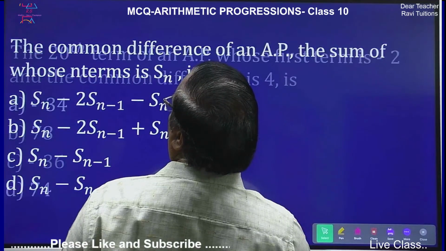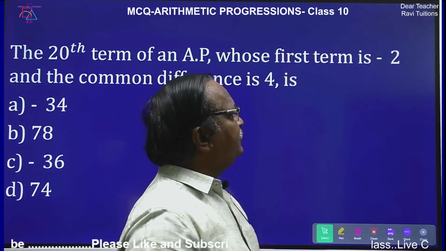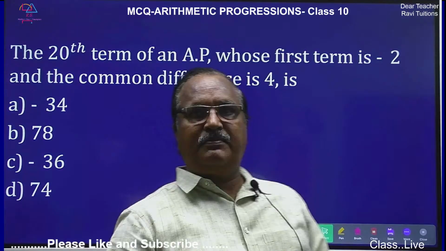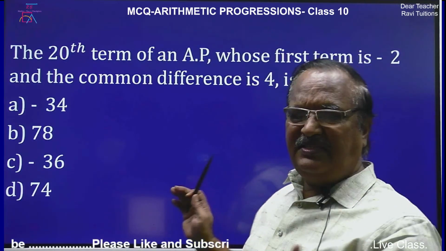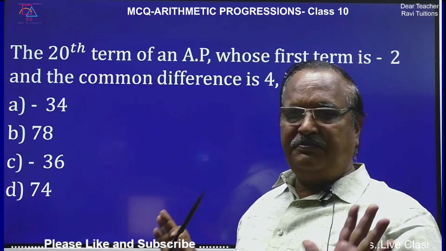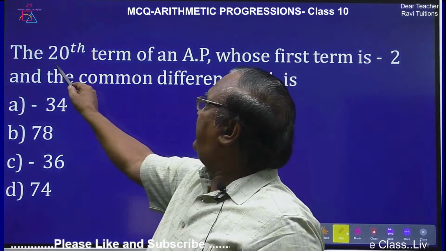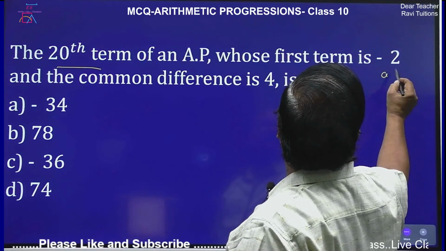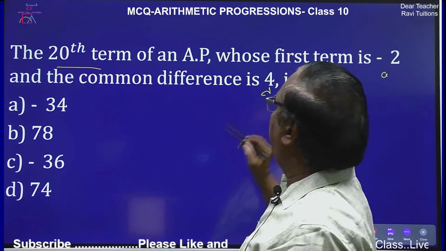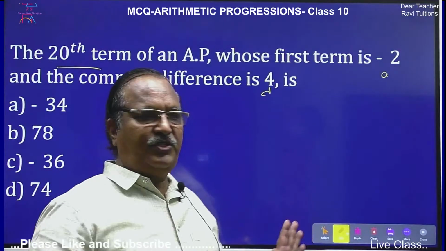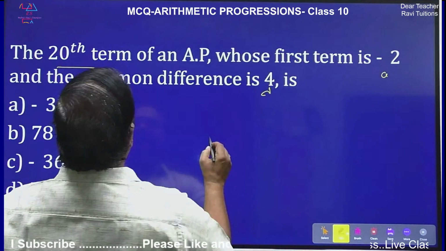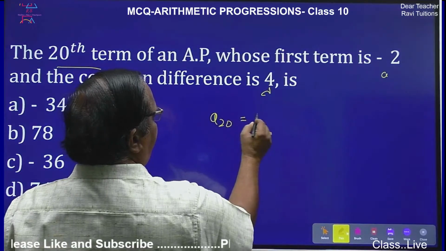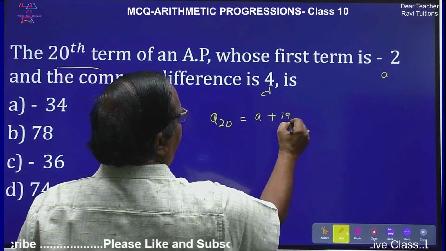The 20th term of an AP, whose first term is minus 2 and the common difference is 4, is a direct, simple direct question. So he wanted the 20th term, and first term a is equal to minus 2 and common difference d is equal to 4. So a20 is equal to a plus 19d.